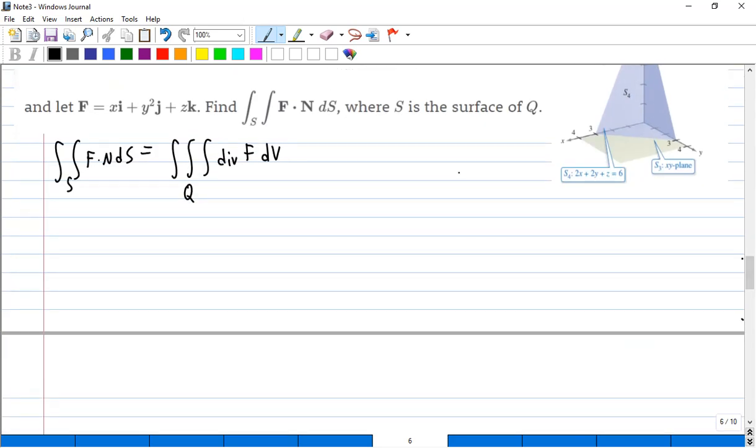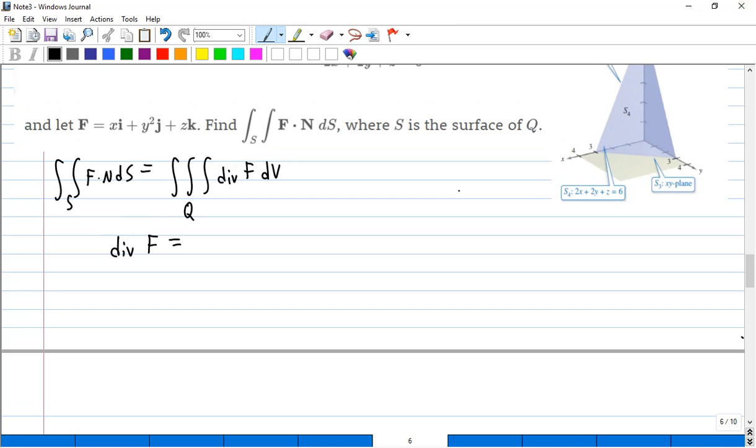Okay, so the first thing you need to do is find the divergence of f. Remember the divergence of f? That was back a couple sections ago. That's the partial derivative of m with respect to x plus the partial derivative of n with respect to y plus the partial derivative of p with respect to z. And we have our force field there.